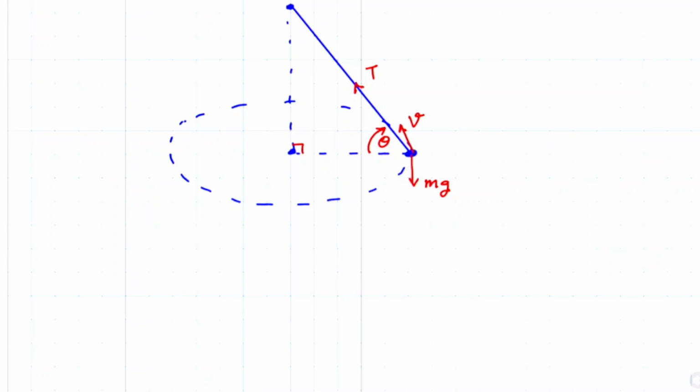Now, this is how we have to attack the problem. To have a circular motion, these things are there. I'll show you a few things. Now this T, this is a force, right? Velocity is not a force, right? I'm going to resolve this T. If I resolve this T, it would be T1.